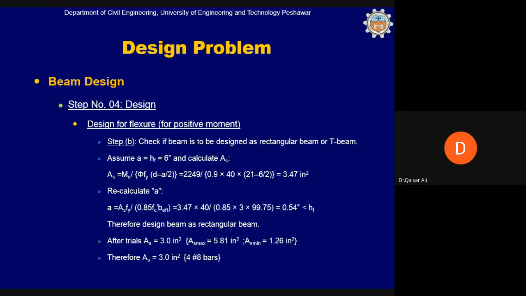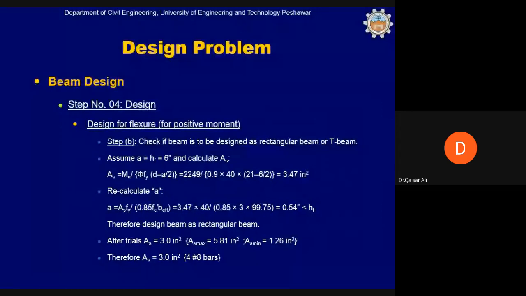We will recalculate a, and a is AS FY divided by 0.85 C prime B. This comes out to be 0.54 inch, much less than the flange thickness, so we will design this beam as a rectangular beam because small a is within the slab depth.